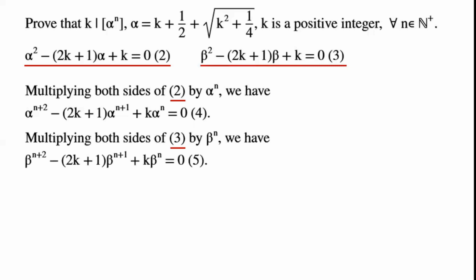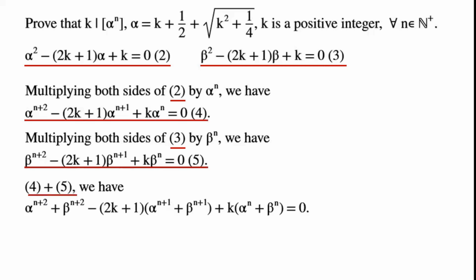Multiplying both sides of equation 3 by beta to the power of n, we have beta to the power of n plus 2 minus 2k plus 1 times beta to the power of n plus 1 plus k beta to the power of n equals 0.